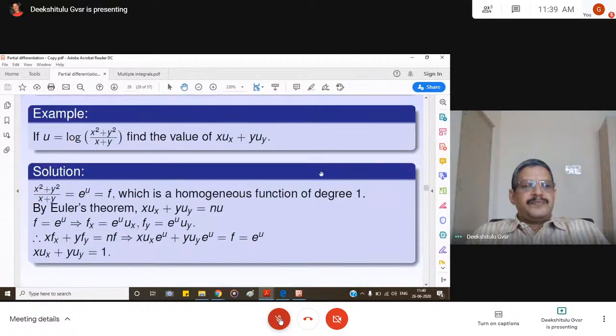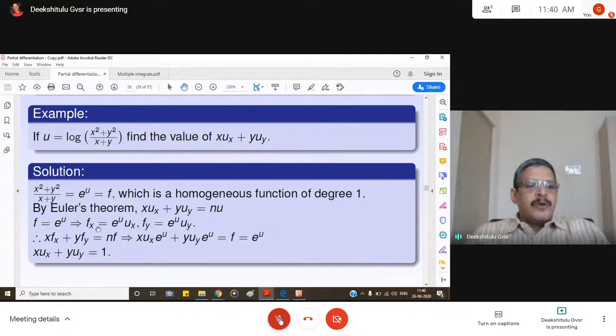From this, you can write x square plus y square by x plus y as e power u. Then call this as f. Then by Euler's theorem, x u_x plus y u_y is equal to u, and you apply Euler's theorem not for u, but for f. So when you apply this, what happens? x into dou f by dou x plus y into dou f by dou y is equal to n into f, where f is equal to e power u.